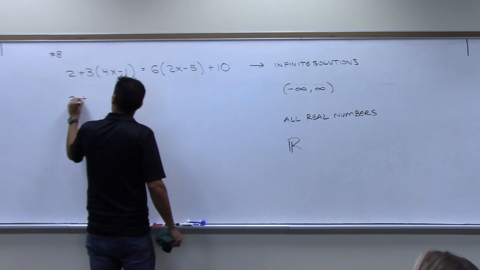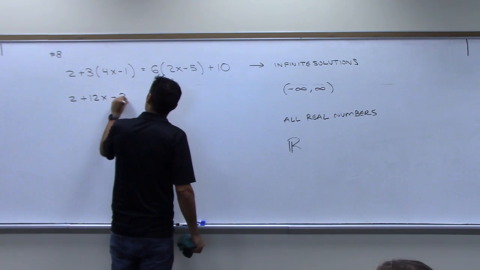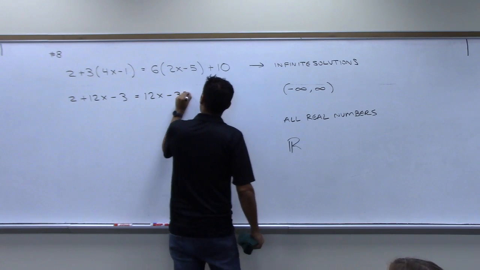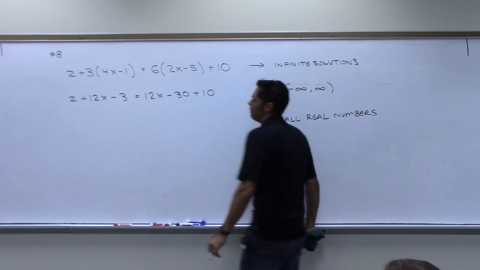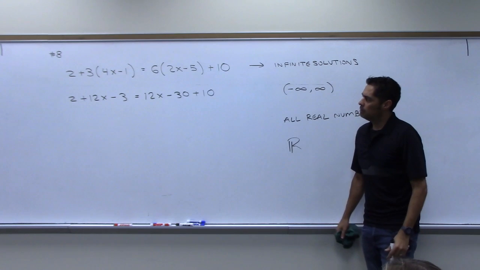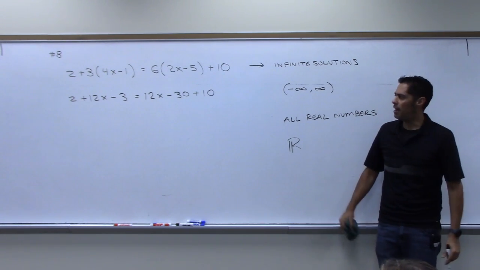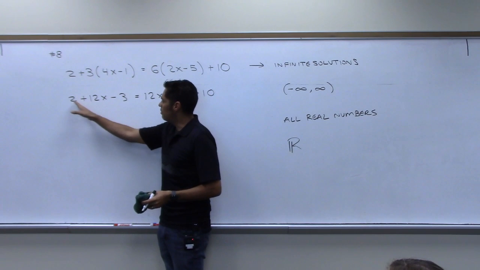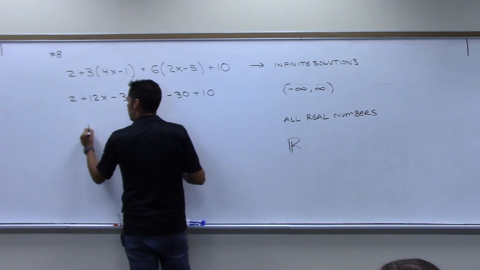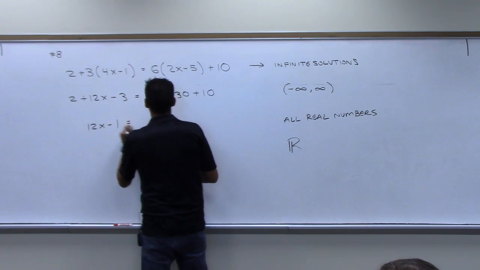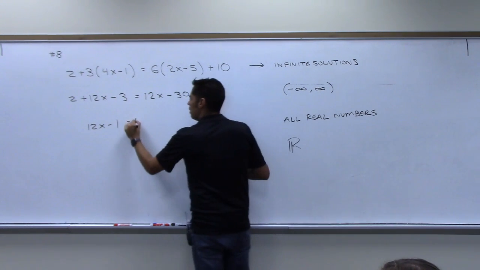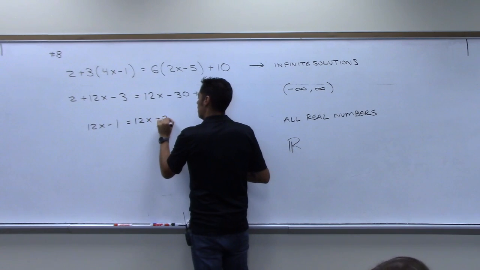We get 2 plus 12x minus 3 equals 12x minus 30 plus 10. Do y'all agree? Now, what I normally do is collect like terms on one side, so I would go 2 minus 3 and give me that minus 1. And I would collect these two together, and that would give me a minus 20. So I would get 12x minus 20.